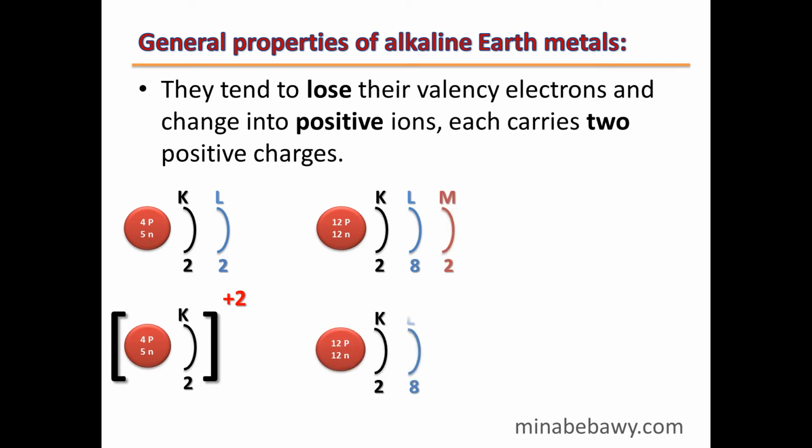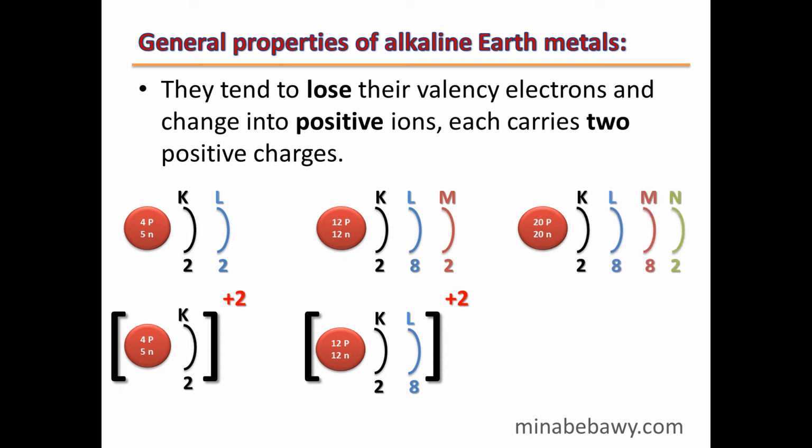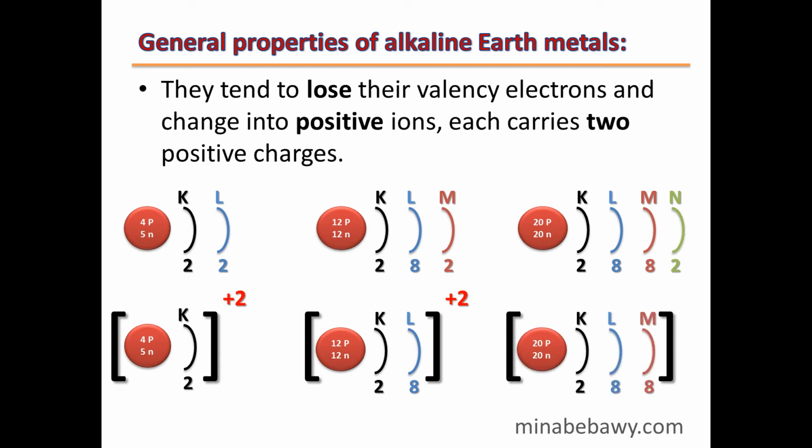Magnesium atom, during chemical reaction, will lose 2 electrons and change into magnesium ion, which carries 2 positive charges. Calcium atom, during chemical reaction, loses 2 electrons and changes into calcium ion, which carries 2 positive charges.